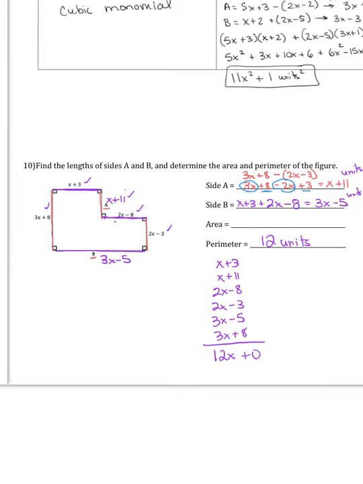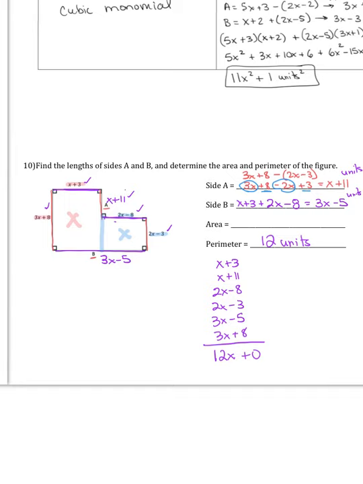So now we're going to find our area, and in finding our area, I'm actually going to start by dividing our figure up into two pieces. I'm going to break it up this way, and the reason for that is this has this for its length and width, so it's easy to see, and this side here has 3x plus 8 and x plus 3.